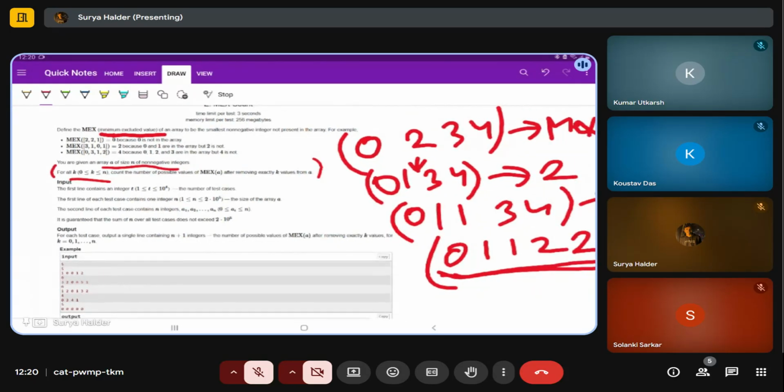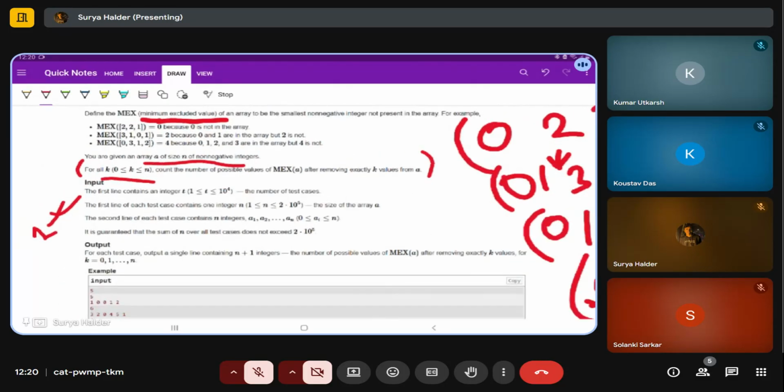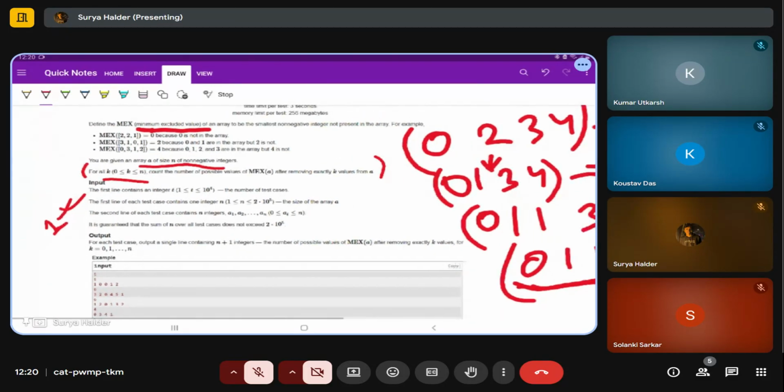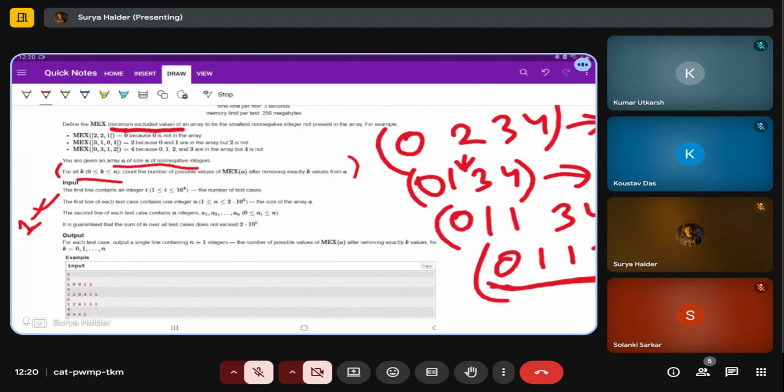Like if I remove one element, this one element can be any element of the array. So for different elements, how many different types of mexes can I get? So I have to return an array.